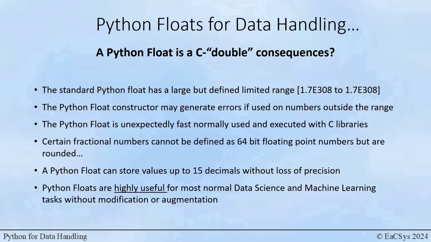But what we can say is that Python floats are highly useful for most data science and machine learning tasks without modification or augmentation. Now we'll talk some about how Python floats are created.